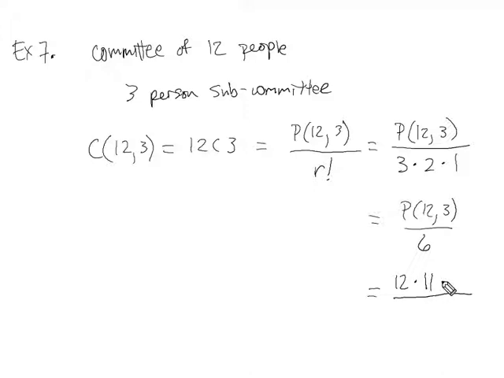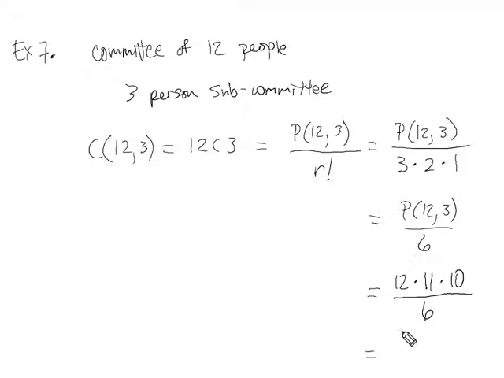And if we make a third choice, then 2 of the people have been removed and we only have 10 people to choose from. So the 12 times 11 times 10 is going to take care of the permutation. But now we want to account for the fact that the order of these 3 people that we chose doesn't matter. And so that's where this r factorial on the bottom steps in. And we've already computed r factorial as 6. So we just simply divide this by 6.